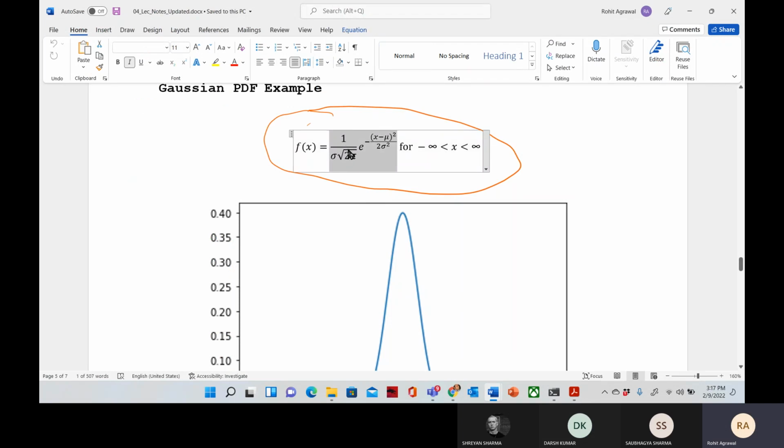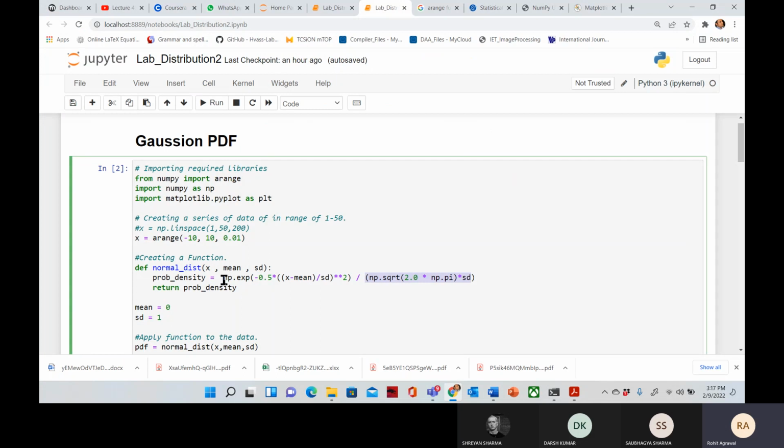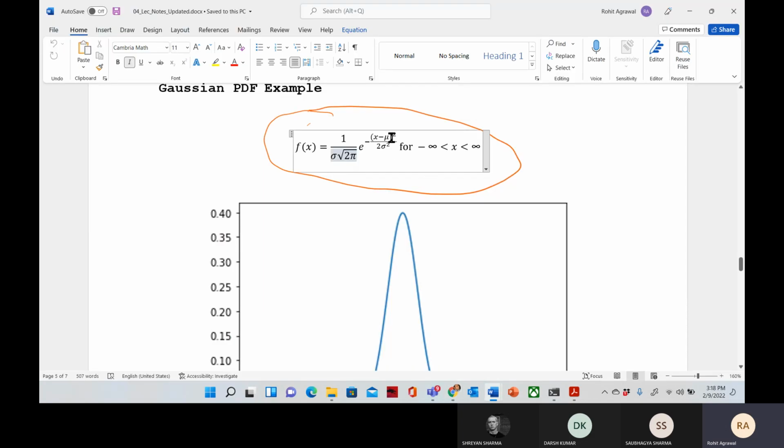Now in the numerator we have e to the power minus (x minus mu) square divided by 2 sigma square. So np.exp, and the power is minus 1 upon 2, that means minus 0.5, into x minus mu divided by sigma, whole square.